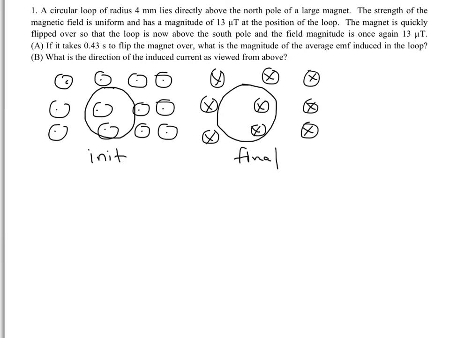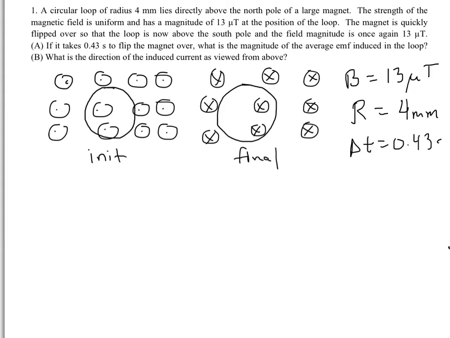So let's list some of these quantities we have here. We know that the magnetic field magnitude is 13 microtesla. The radius of the circular loop is 4 millimeters. And the time it takes to flip over is 0.43 seconds.